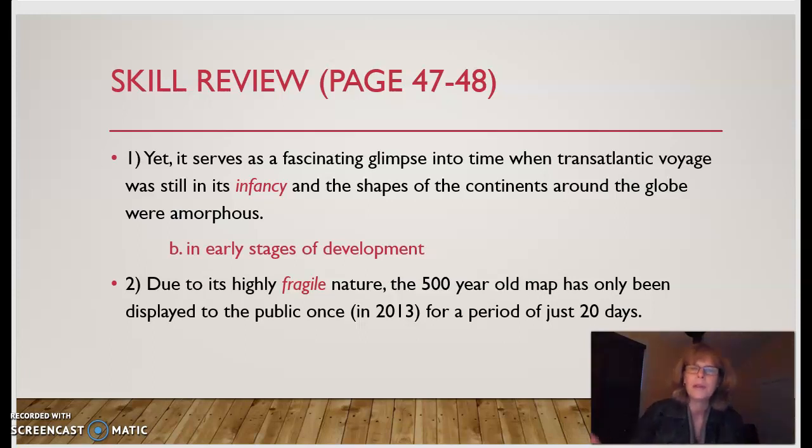Or number 2, what does fragile mean in this context? Number 2 is talking about maps being fragile. Would you choose A or B? So hopefully you were choosing A, talking about it being easily destroyed or damaged. So guys, I want you to continue with that skill review and see if you can answer A or B based on the context.